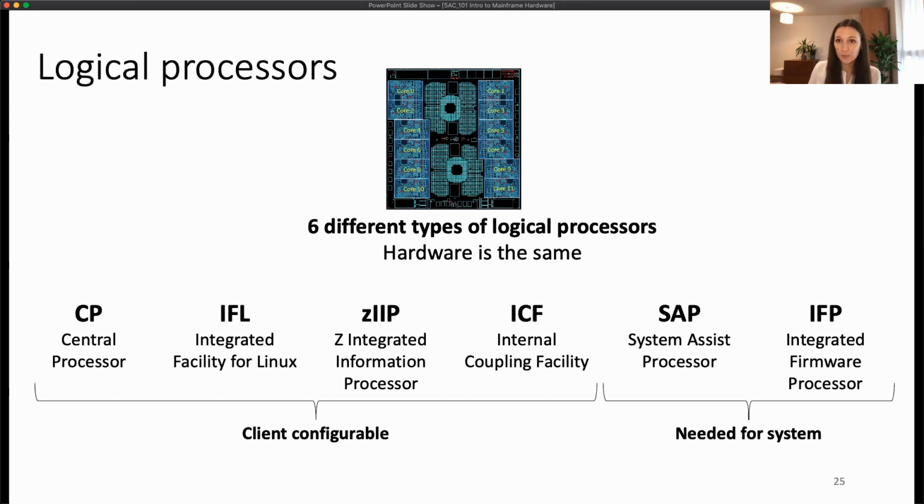So it lets the CP focus on business applications and frees it up from the I/O processing. And this is a key differentiator from the mainframe architecture to, for example, the x86 architecture. And then we also have the IFP, which is the integrated firmware processor, and those are used for system operations and management.